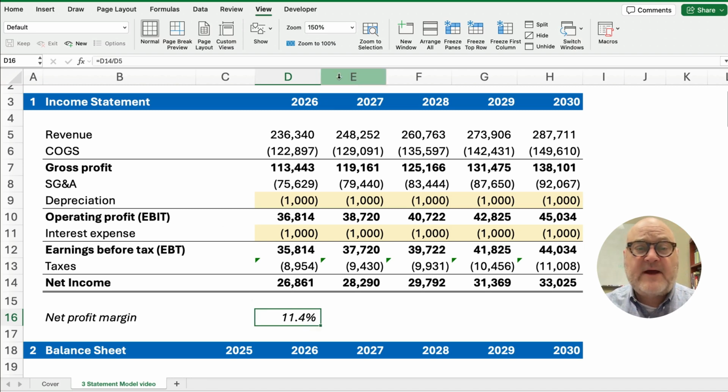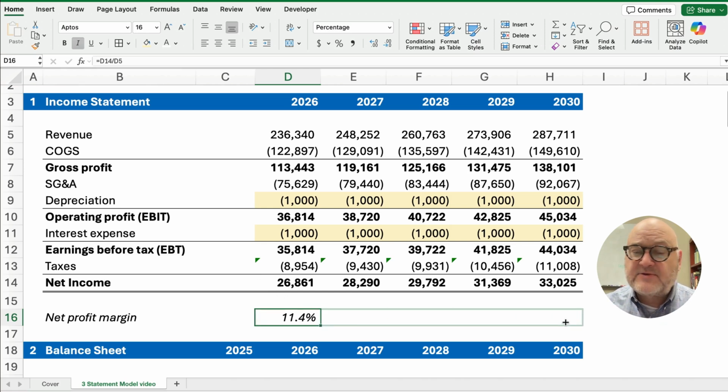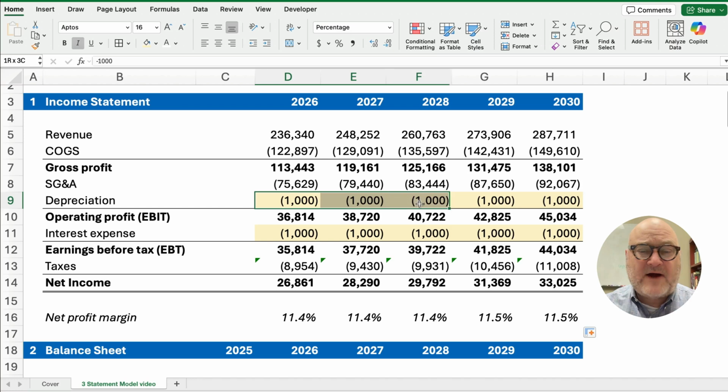I went ahead and formatted it for percentages, and I made it in italics just so we know it's not part of the actual statement itself. And you see all the numbers are about the same because we made the same percentages, but also our depreciation and our interest expense are really just placeholders at $1,000 each. These numbers will update when we update the income statement.